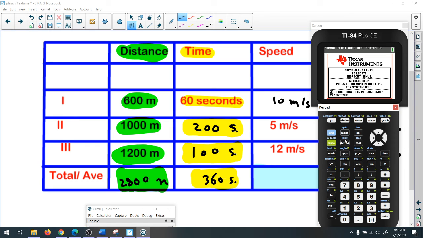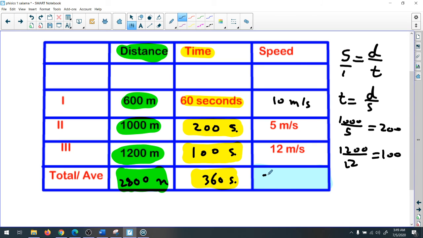So we're dividing 2800 by 360, and it's 7.7778. Let's use 7.78. 7.78 meters per second. This is the average speed. Okay?